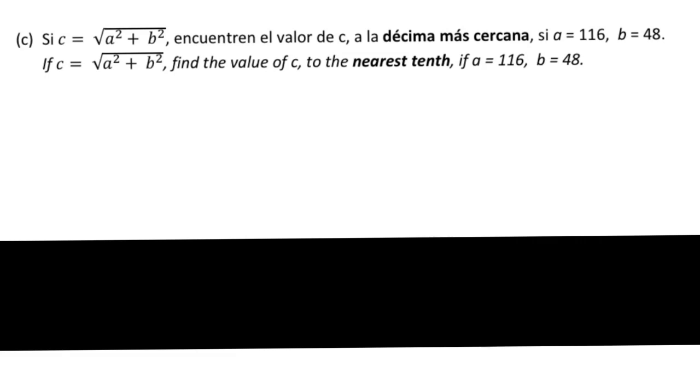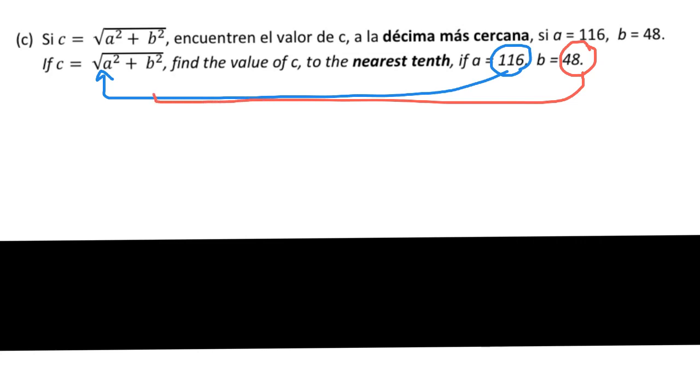First step, circle the number. 116 is the value of what letter? A. Draw an arrow to A. Circle what number? 48. 48 is the value of what letter? B. Put it in for B. Copy everything else.